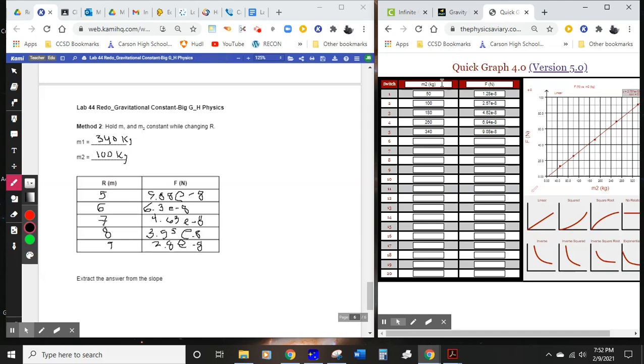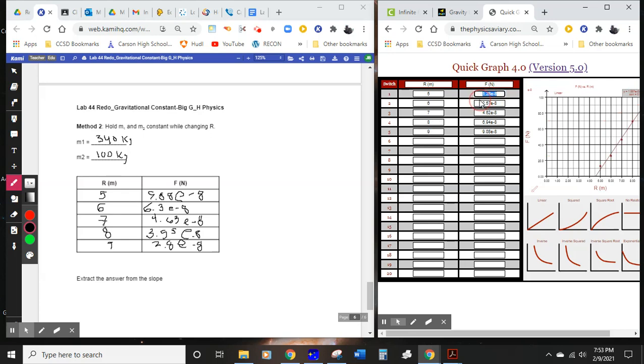This is going to be R in meters, and this is going to be force. The R values are 5, 6, 7, 8, and 9.